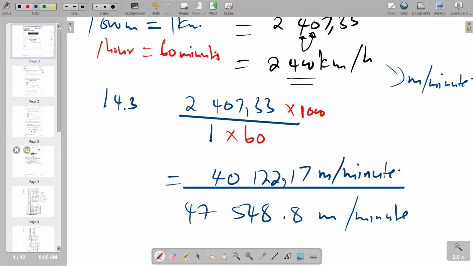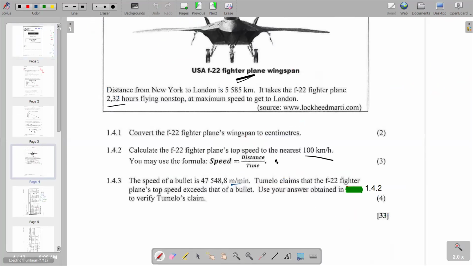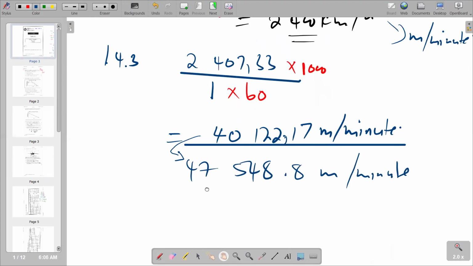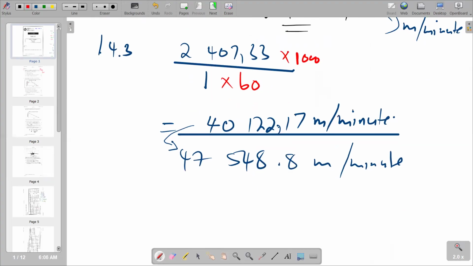So the question is whether the speed that we got for the F-22 fighter exceeds 47,548.8. If you come there and see that this speed is not exceeding, it's less than. So it means Tumelo's claim is incorrect.